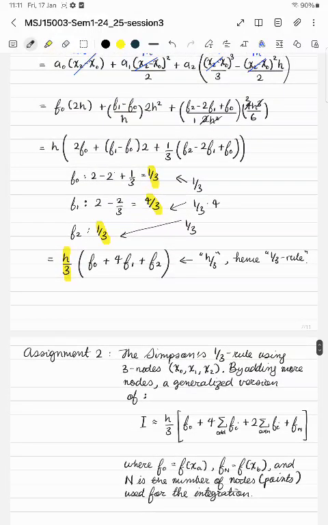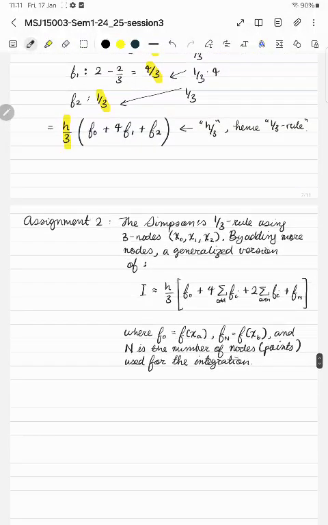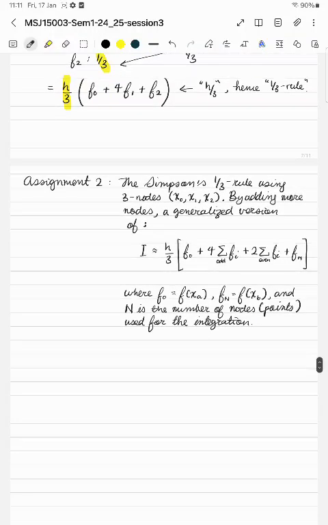Now, this conclusion is valid for only the first 3 points, but if you want to extend the integration from, let's say, 0 to n, the whole integration becomes something like this, where f0 is the starting point, f(a), and fn is the endpoint, f(b).